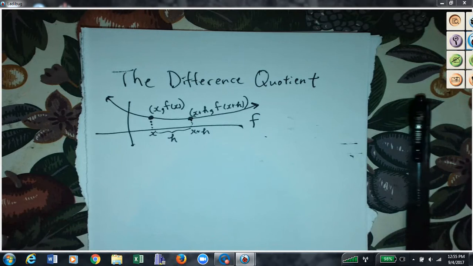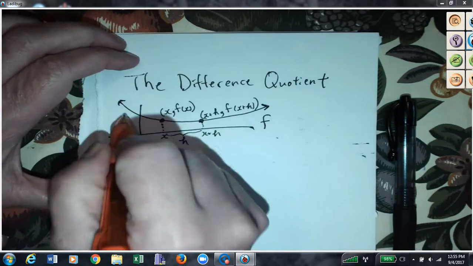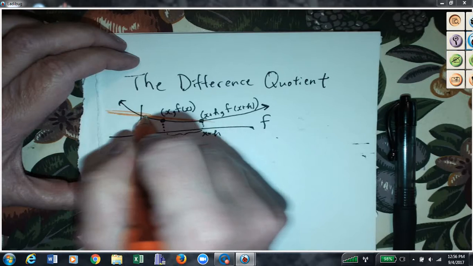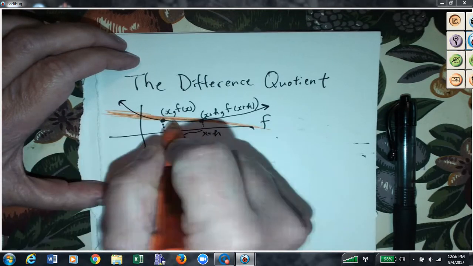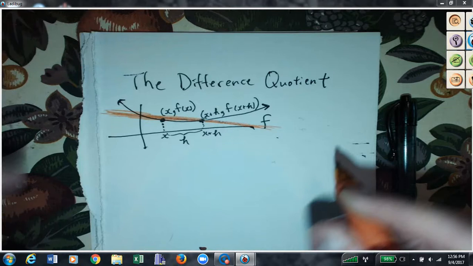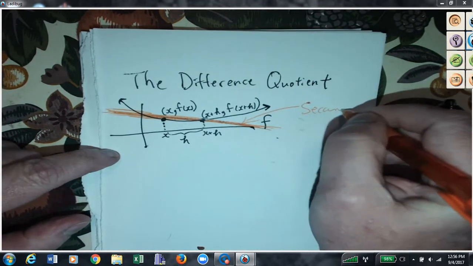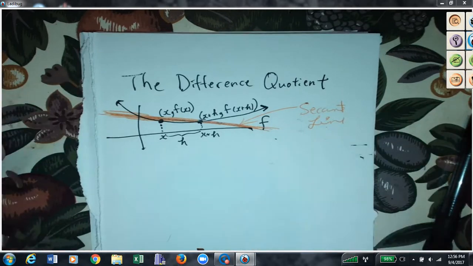So where does the difference quotient come in? Well, now if I draw a line that goes through these 2 points, this orange line is called the secant line. And we can get the slope.